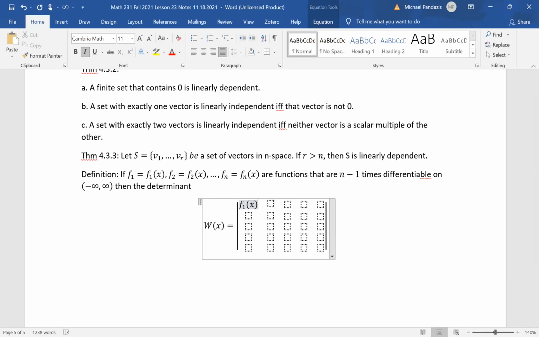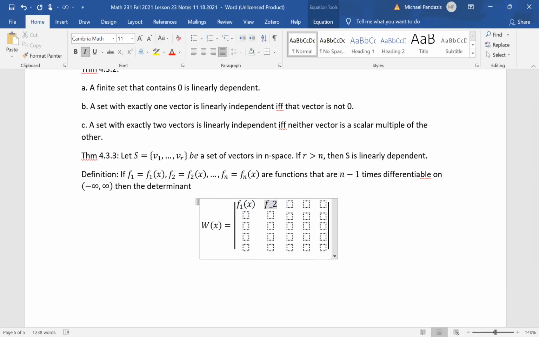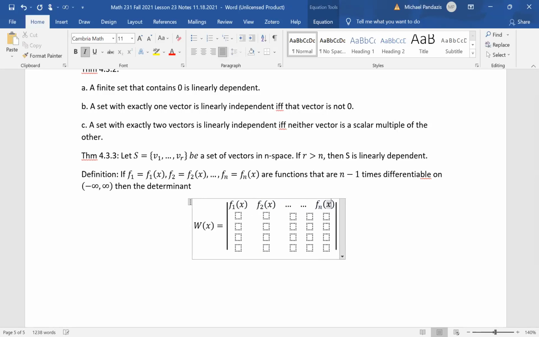So we have f sub 1 of x here, f sub 2 of x here, dot, dot, dot, and then f sub n of x.